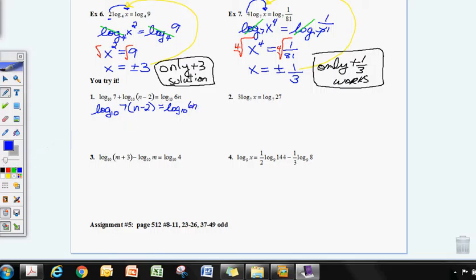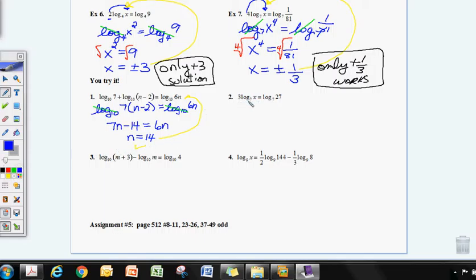I get that single log on each side. Boom, boom, gone. And I'm going to do a little multiplying here: 7n minus 14. I distributed it. Equals 6n. Guess what? n is going to equal 14 when I am finished. One last thing you got to do: check. Cha-ching. Works.